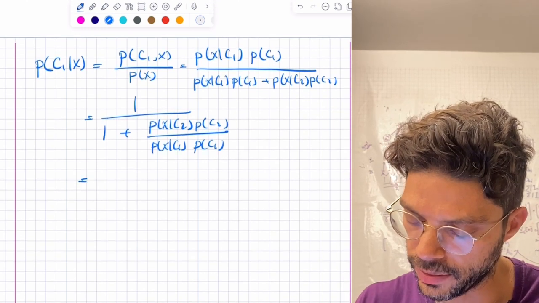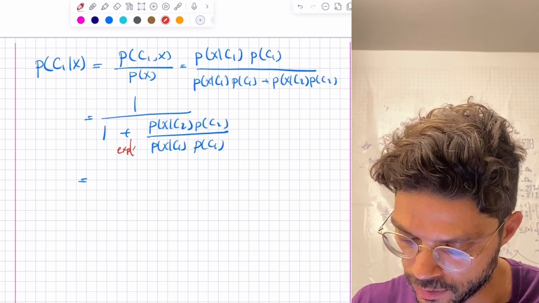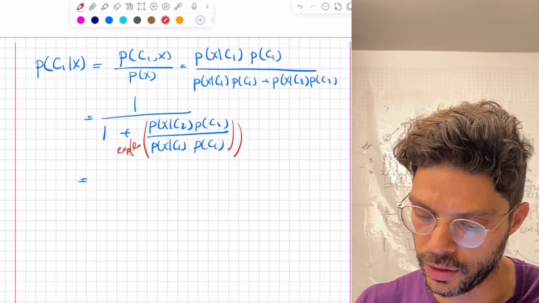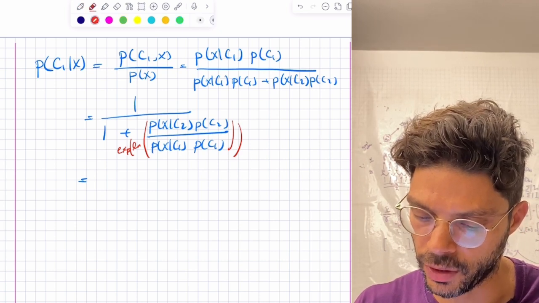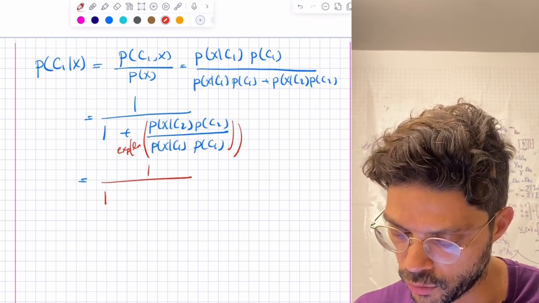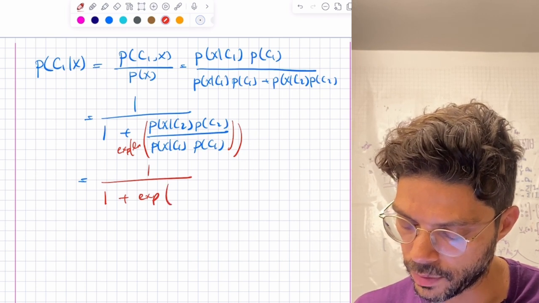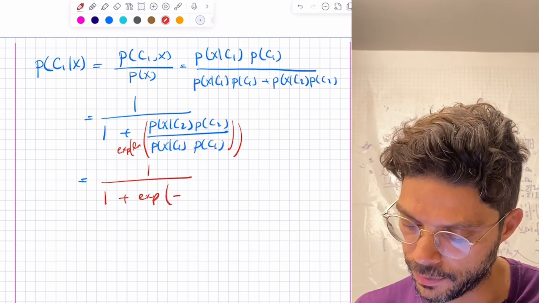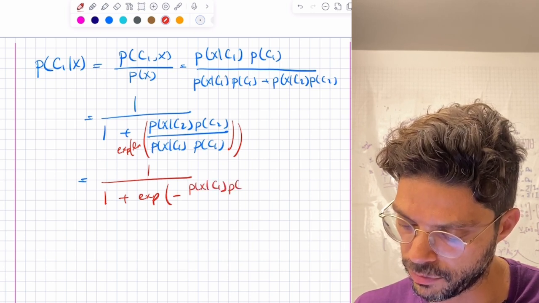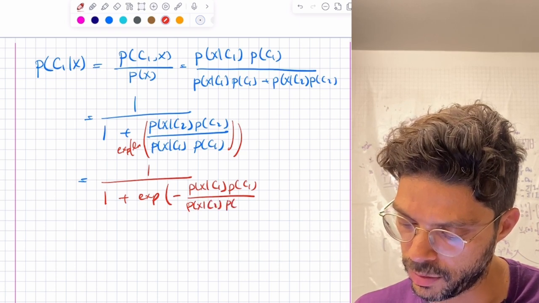And then we can write this as the exponential of the natural log of this. To keep the focus on C1, we can write it equivalently as 1 over 1 plus e to the minus the log of P of x given C1 times P of C1, over P of x given C2 times P of C2.